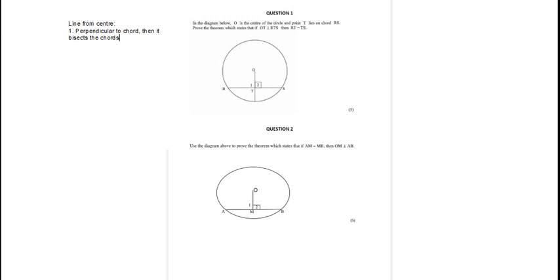And the second condition is, now we have a line from the center, it's still the line from the center, and this line from the center bisects the chord.